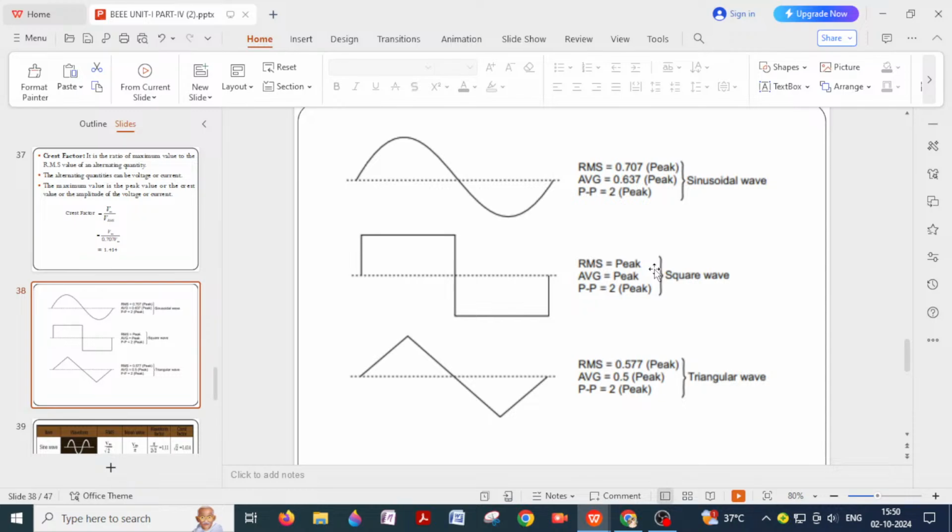We are discussing only the sinusoidal waveform, so no need to compare it with the other waveforms. I am just showing this for some information. Let us solve a numerical problem.